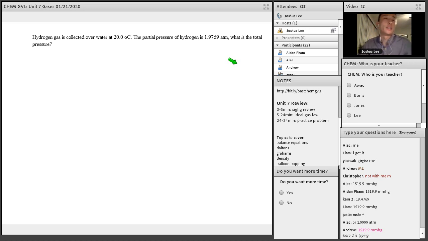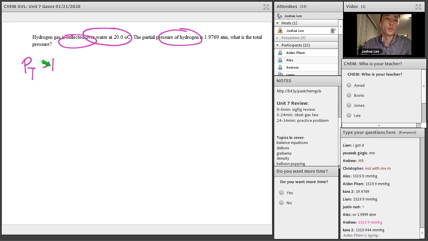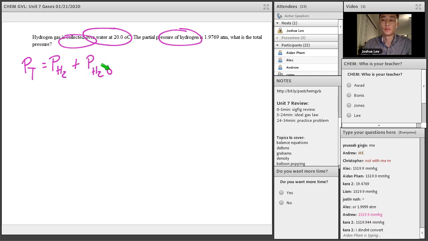All right, so keywords here is definitely collected over water, partial pressure, total pressure. So the total pressure is going to be pressure of hydrogen gas plus pressure of H2O. And the key thing here is to make sure that your pressure units are the same.